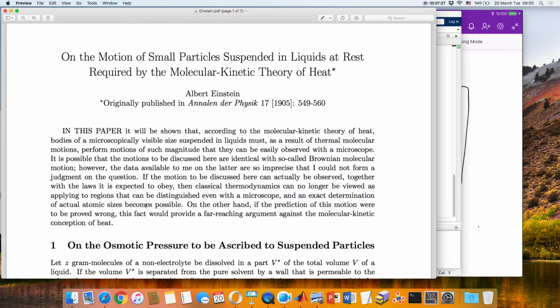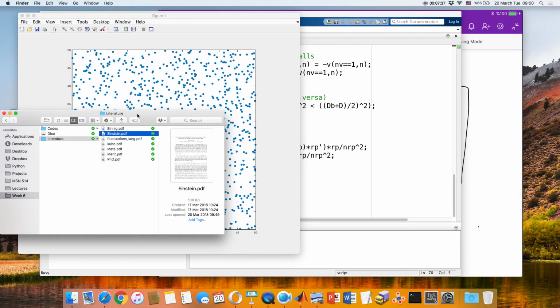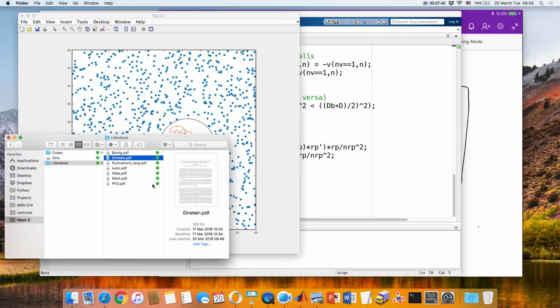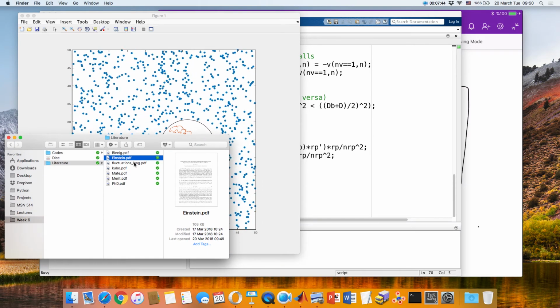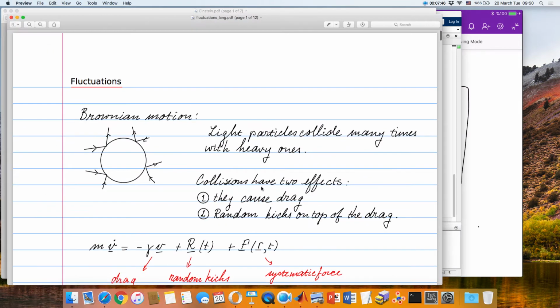So if you investigate Brownian motion, which is easy to do with a microscope, you can know something about the sizes of atoms. Okay?